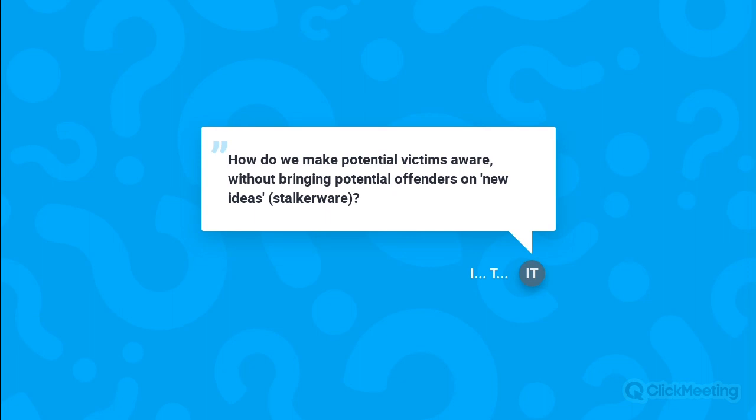So one of the members of the coalition is the National Network to End Domestic Violence from the United States of America, and they have been active against cyber violence, but also specifically against stalkerware for, I think, almost a decade, if I remember that correctly.